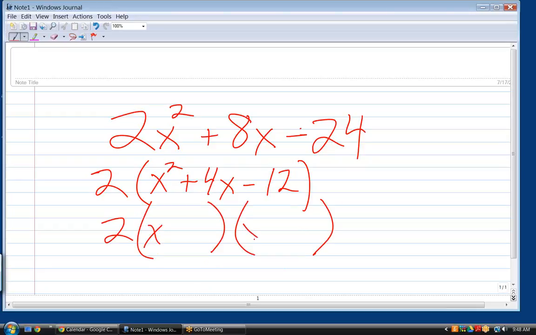This one we just did. Factors of 12 that subtract to 4. That's 6 and 2. Only this time the 6 goes with the plus sign, because the sign of the middle term is plus. So this is our final answer. Okay?